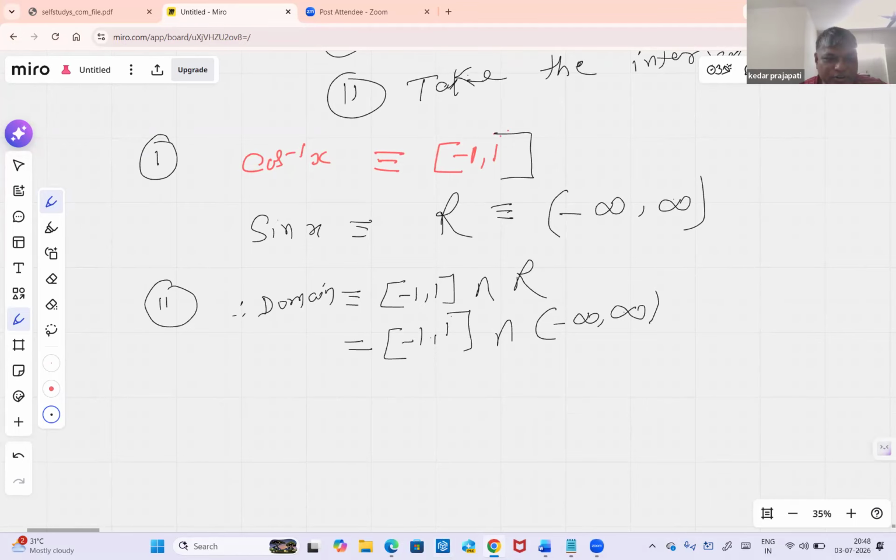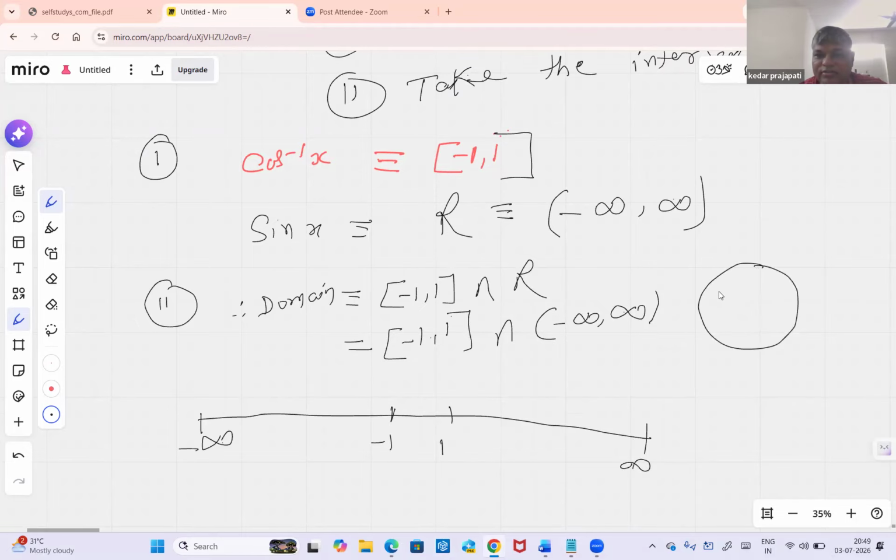See, -infinity to infinity is this one. Clear? And -1 to 1 is here. So suppose in one circle, 1 to 100 is there. 1, 2, 3 up to 100 is there.